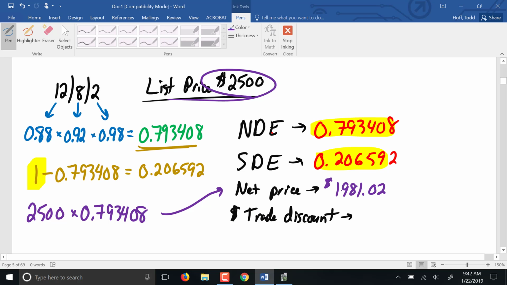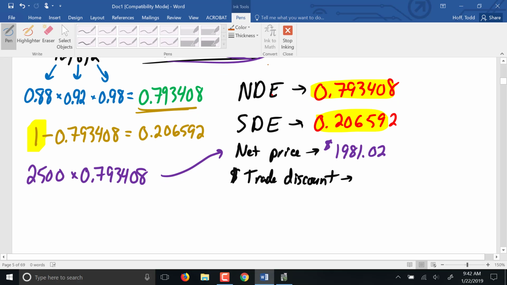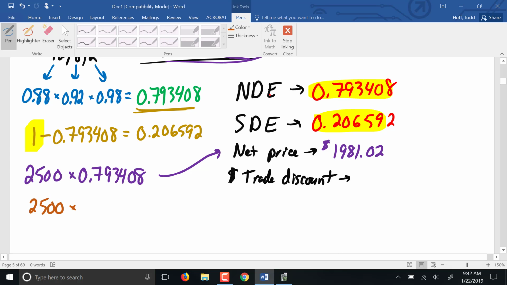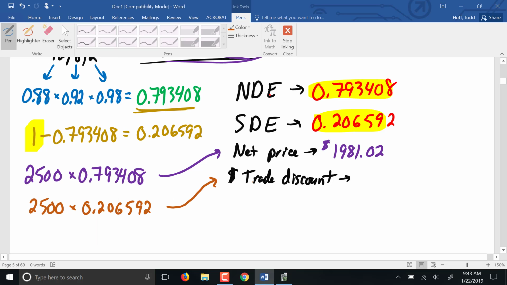Now, at this point, we could find the trade discount just by taking the list price and subtracting the net price. But I want to leave that to use to double check in just a minute. So to find that trade discount, we're going to do the list price, $2,500, times that single discount equivalent of 0.206592, giving us $516.48.